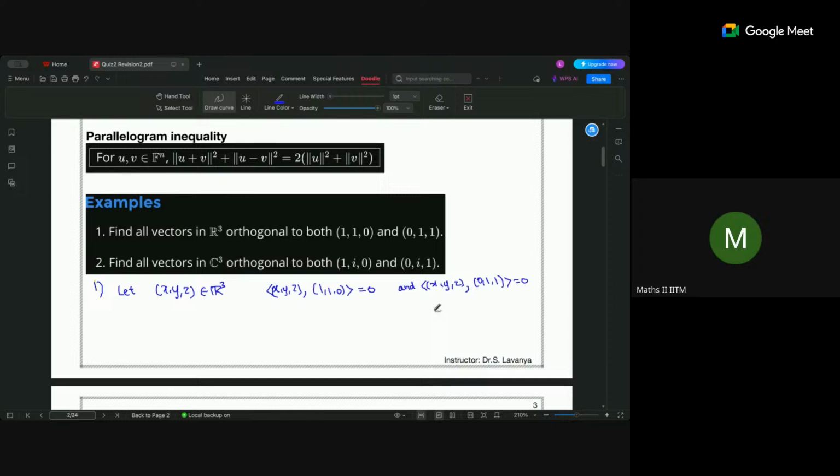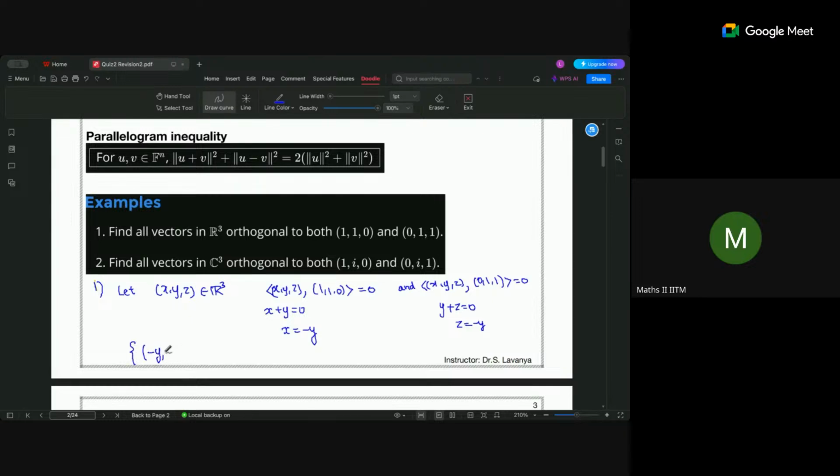So we are finding vectors which are orthogonal to both vectors. I'm taking a random vector and checking how it is going to look if it is orthogonal to both. When I do the inner product, I get x plus y equal to 0 and y plus z equal to 0. This means x is equal to minus y, and z is equal to minus y.